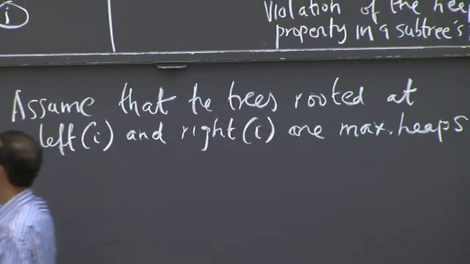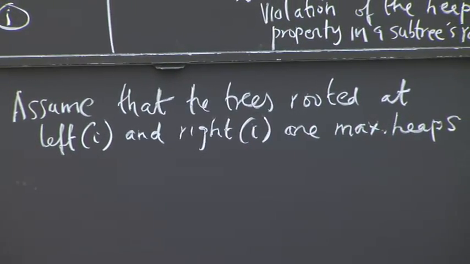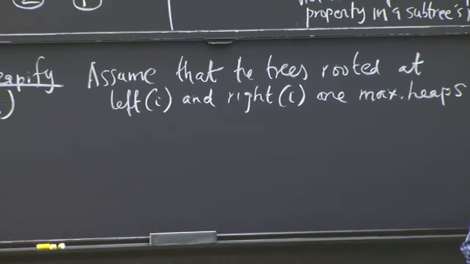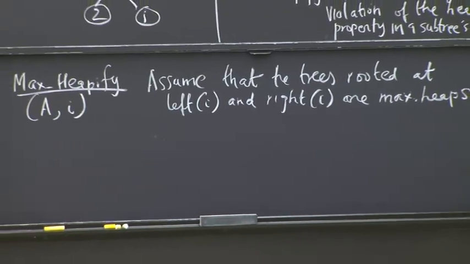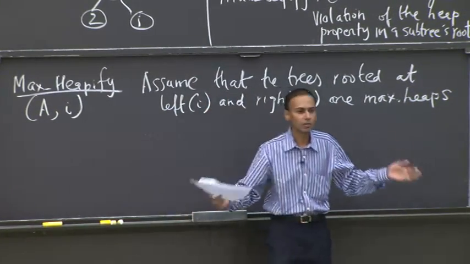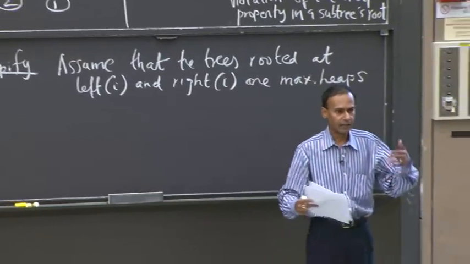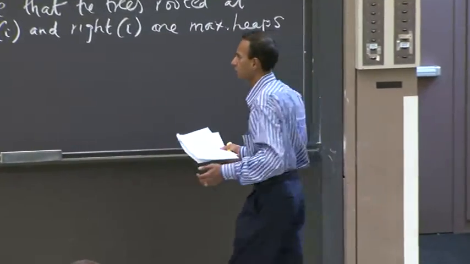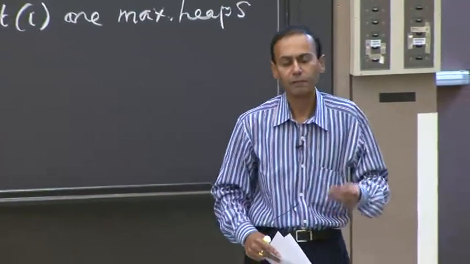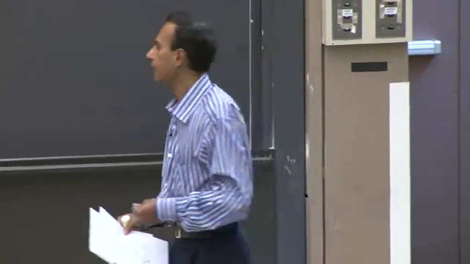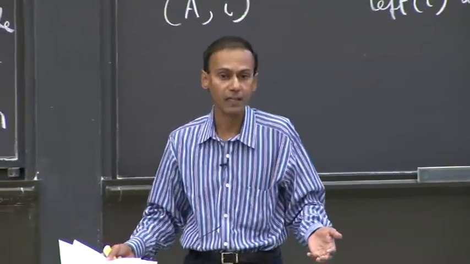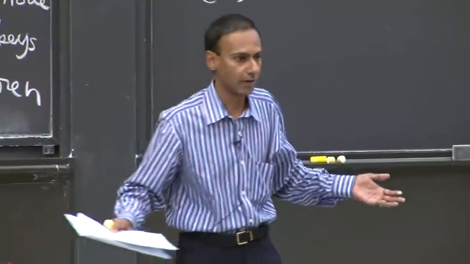Right? So max heapify is going to look like A comma i. A is simply the array, and i is the index. Max heapify is allowed to crash and not do anything useful if this precondition is violated. But if the precondition is true, then you have to return a max heap, correcting this violation. All right? That's the contract.